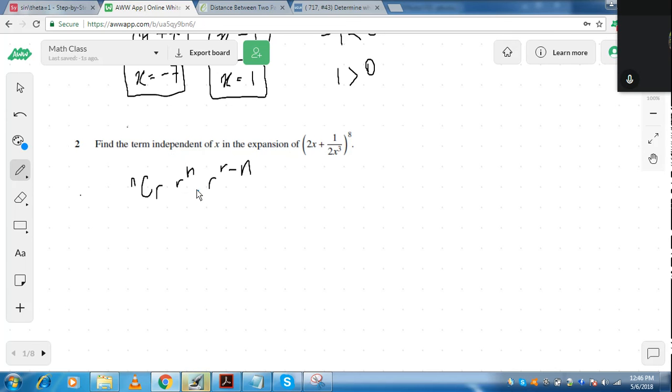Okay. Yeah, use the same formula and try to find x power 1, like the coefficient of x.